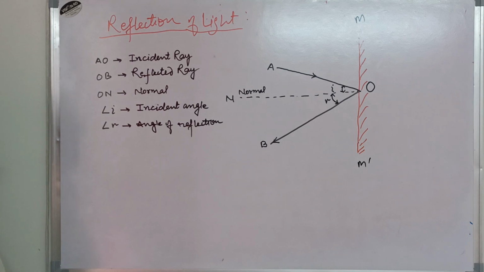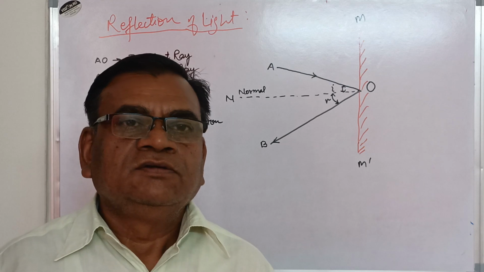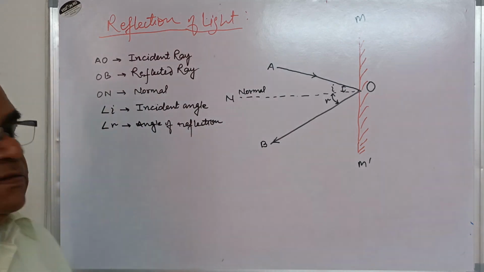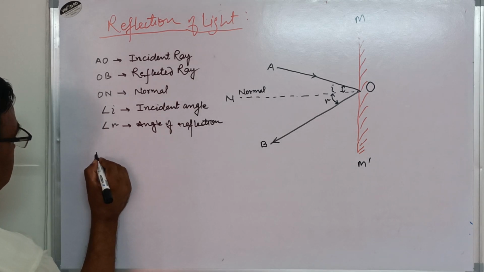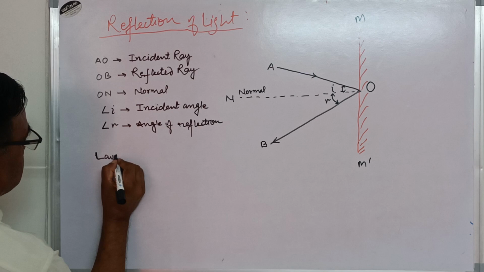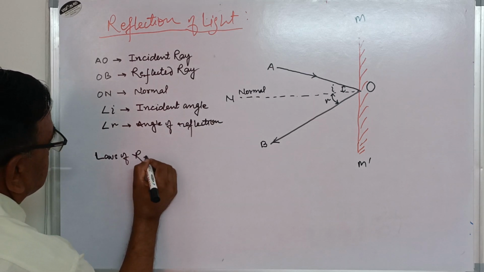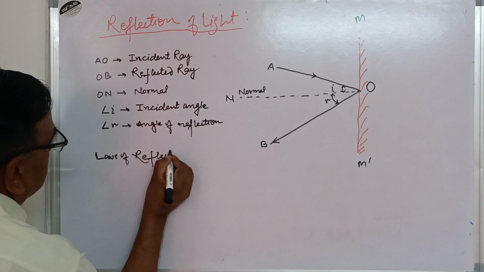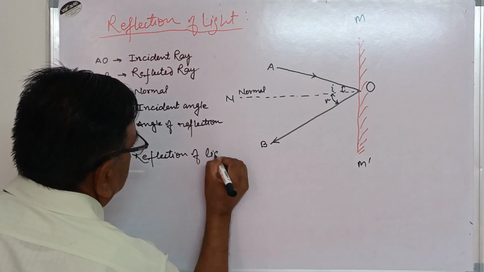Now there are two laws of reflection of light. The first one is number 1. You write here the laws of reflection of light.